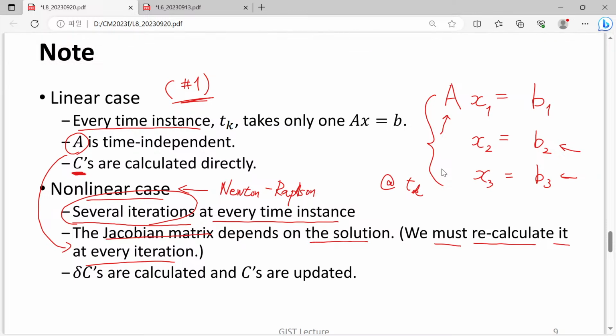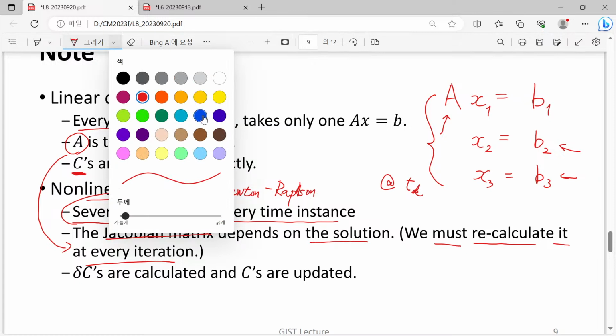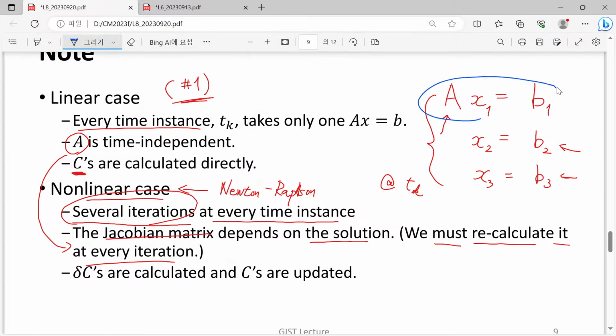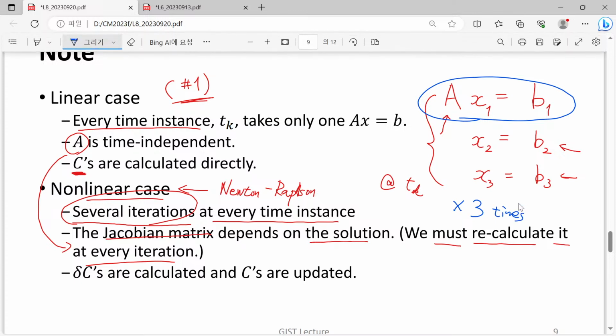Then my question is, how long does it take compared with only one single solution? Please guess. The simple answer, the naive answer, would be, oh, it will be 3 times. Why?